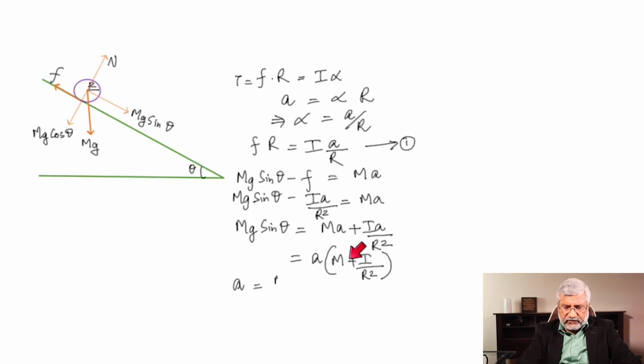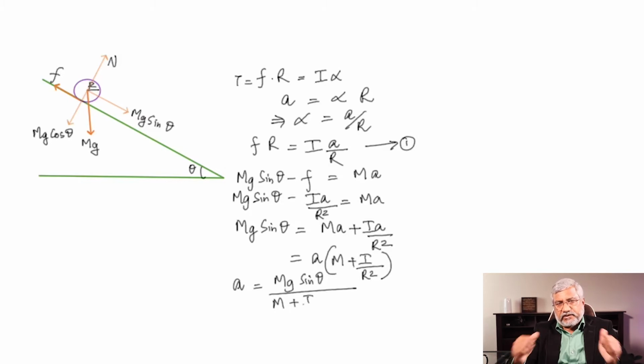So you have this formula coming up, mg sine theta divided by m plus I by R squared in parentheses. So this gives the formula for acceleration of any object that is rolling down an inclined plane.